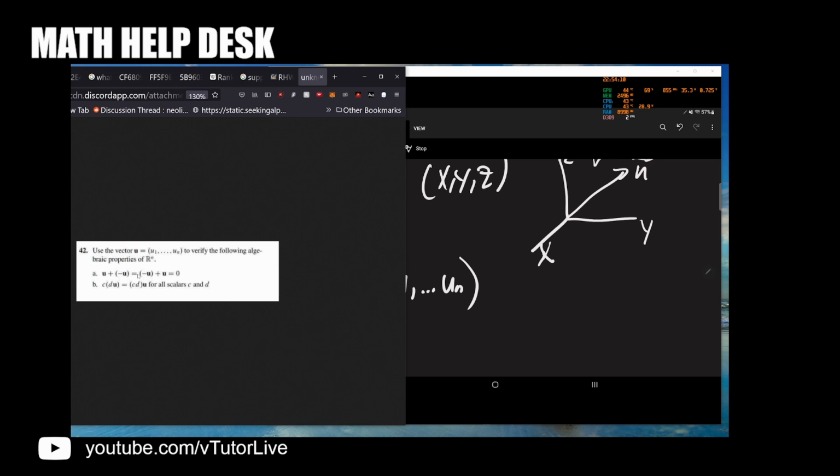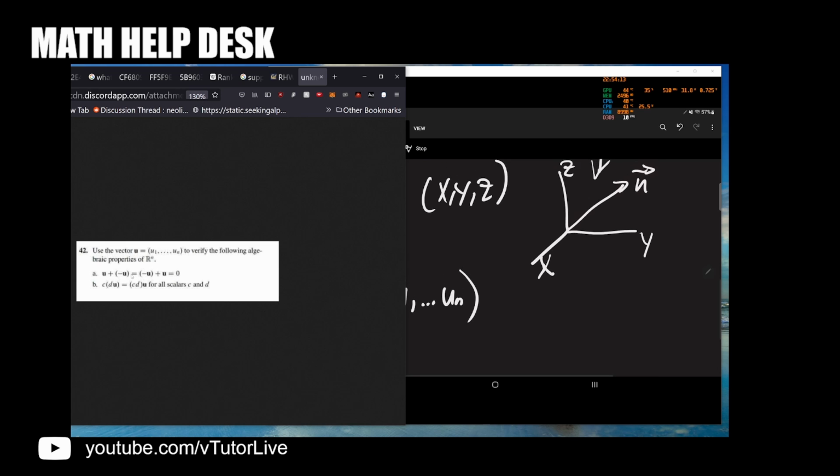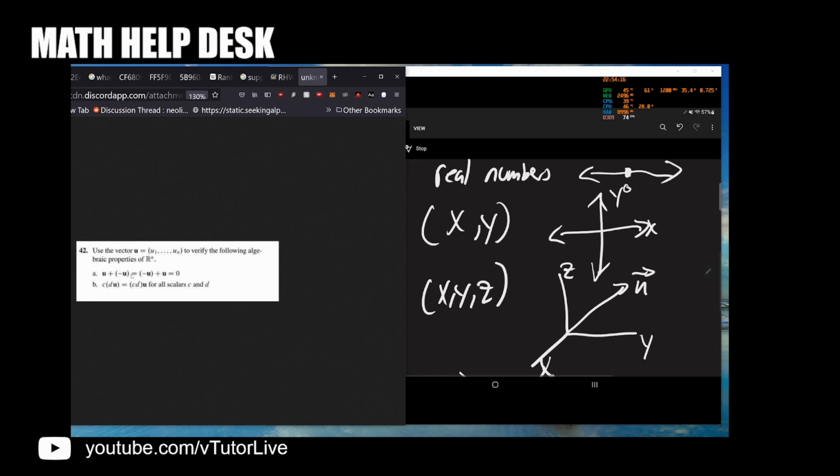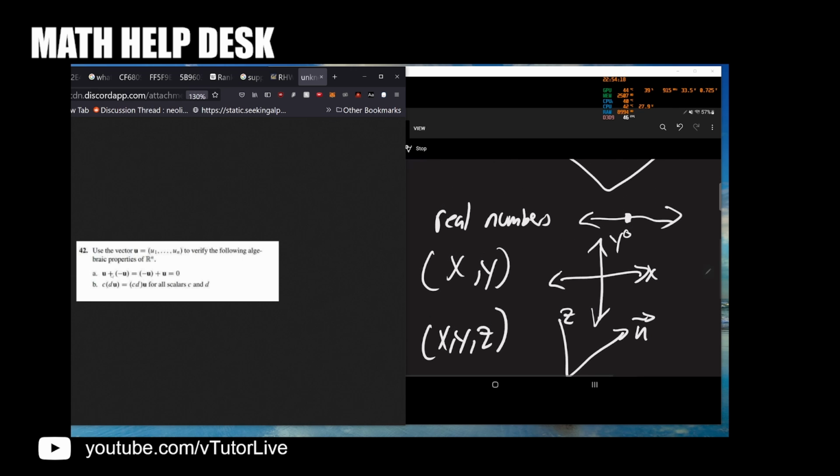And a lot of these are hopefully pretty intuitive if you think about them from the one-dimensional example. Think about one dimension where u is just a number like 5 or 7.5 or pi. For any of those numbers, adding it to its own negative is equivalent to adding its negative to the positive version, and all of those are equal to 0.